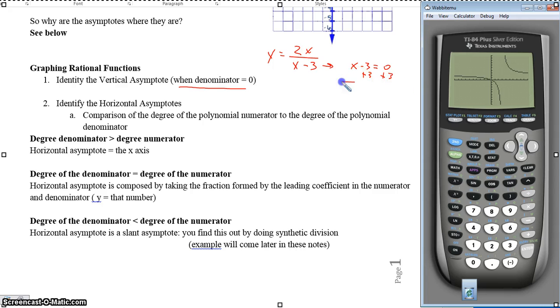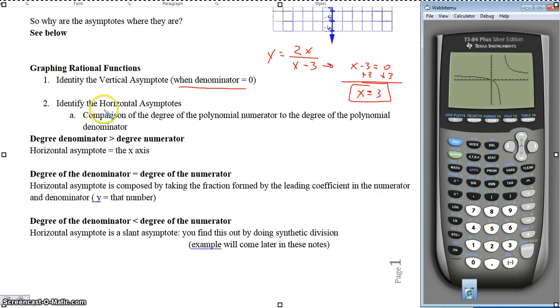We add 3, and we end up with x being a positive 3. And you'll notice that that's what we had as the equation for our vertical asymptote. So you'll always do that to find your vertical asymptote. This would be the place where the graph doesn't exist, because if I put a 3 in here, I get 0, and I can't divide by 0, so that's why my graph is undefined there.